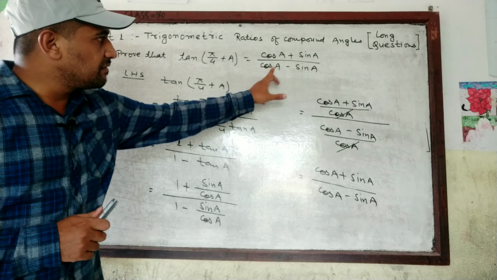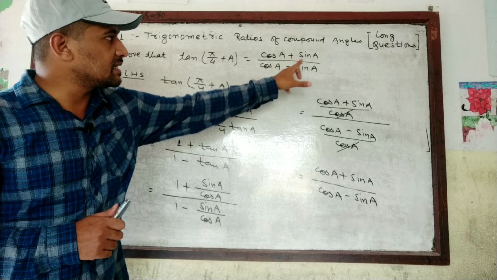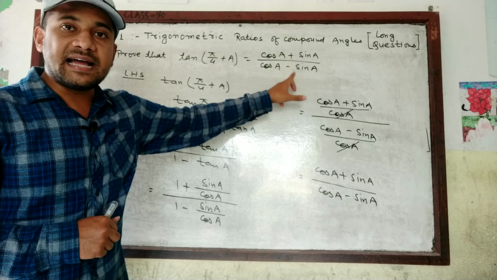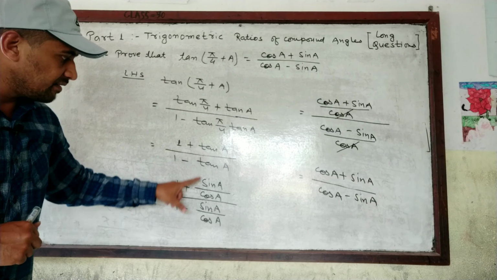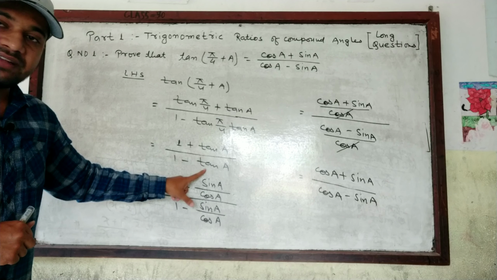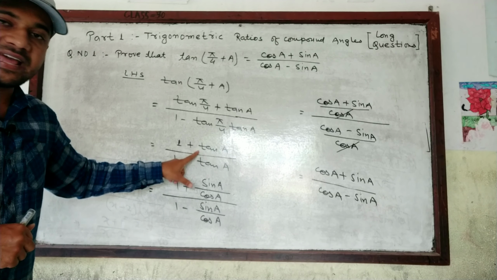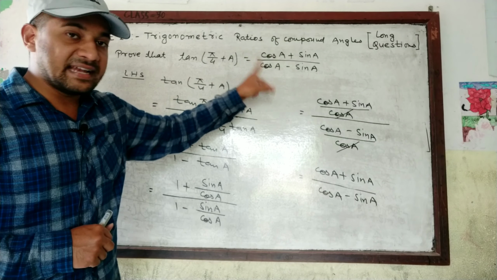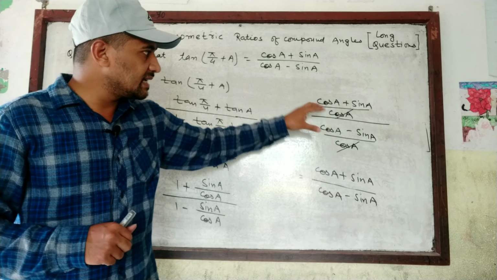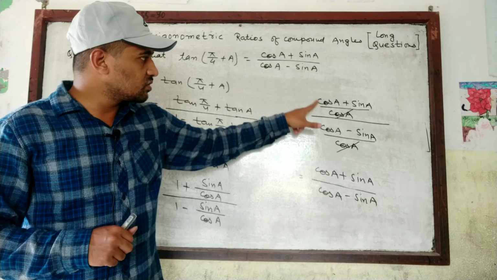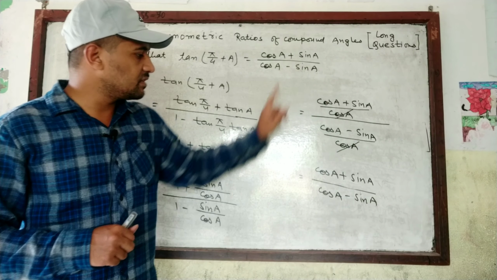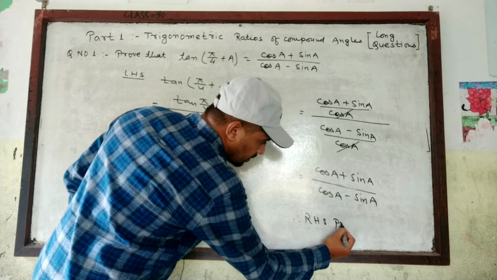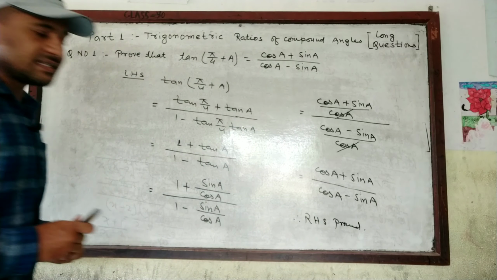Now we have to prove (cos A + sin A) by (cos A - sin A), which means we have to convert tan into the form of sin and cos. So in the place of tan, write sin by cos, because the formula of tan A is sin A by cos A. After this we take the LCM, the cos in the denominators cancels, so remaining is (cos A + sin A) by (cos A - sin A), which is the RHS. So at last we can write: RHS proved. Hope you understand this question.